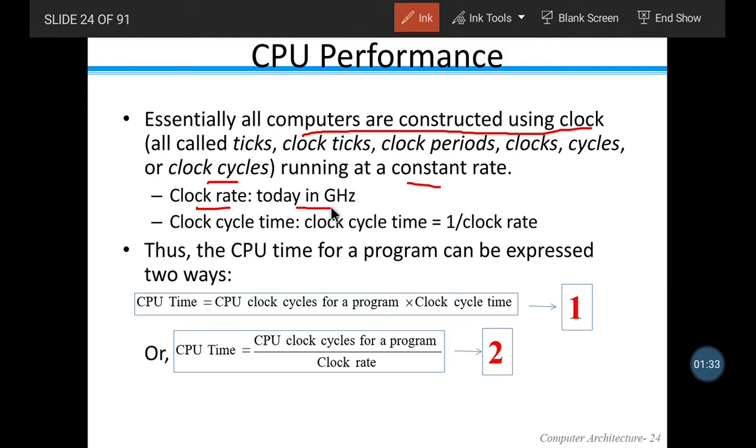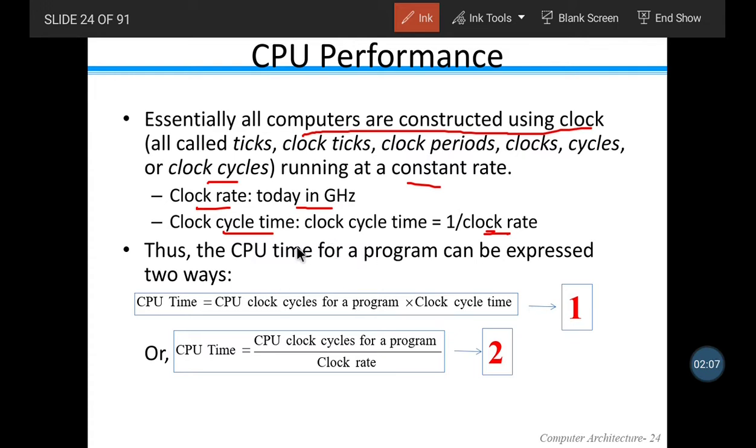Nowadays, any CPU's speed is in terms of 2.4 gigahertz. It is measured in hertz; giga means 10 raised to 9. Clock cycle time is the reciprocal of clock rate. You know the formula: time is 1 by f, where frequency is the clock rate.